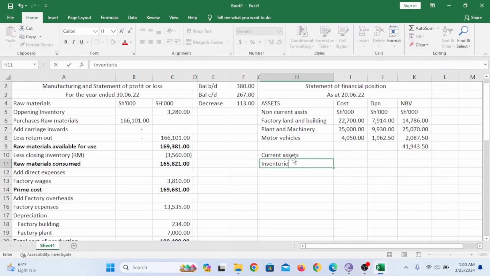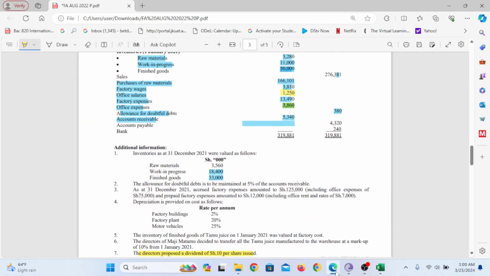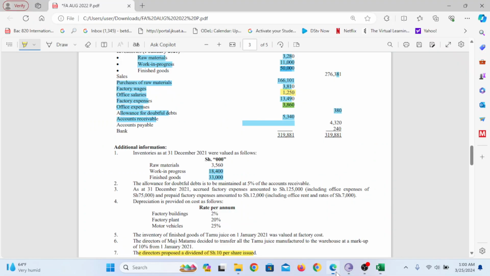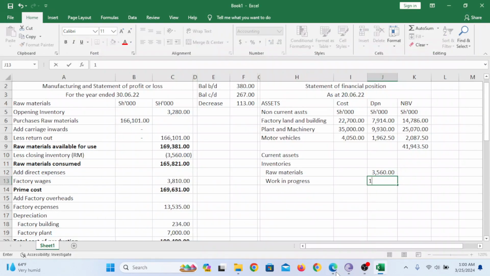On the inventories, we have raw material. The closing inventory of raw material is given in note number 1, 3560. Then the next we have work in progress. Also given at the same point where we had raw material, 18400.